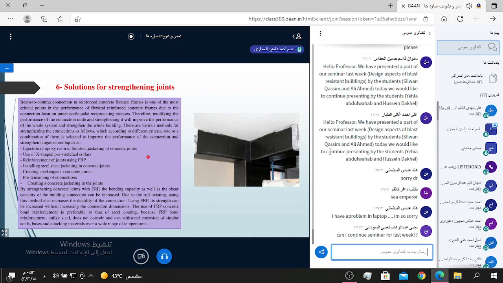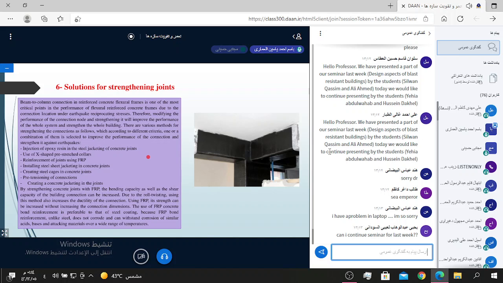Therefore, modifying the connection node and strengthening it will improve the performance. Strengthen the connection as follows; according to different criteria, one or a combination of them is selected to improve the performance and strength of the connection against earthquake.